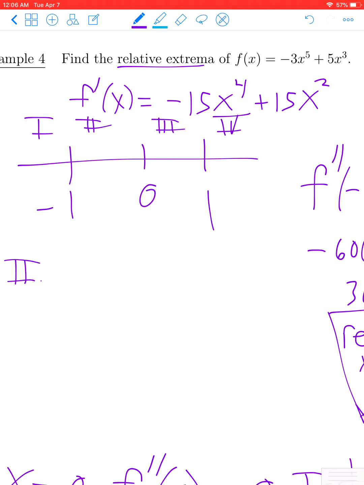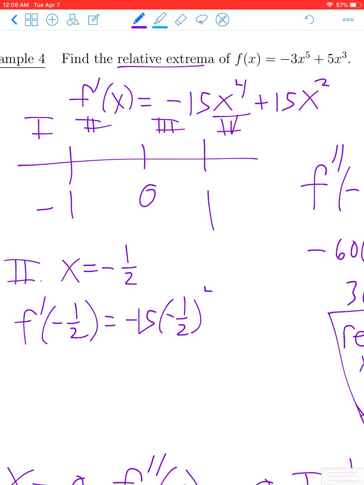In region 2, you could use the test point x equals negative 1/2. F prime of negative 1/2 is going to be negative 15 times negative 1/2 to the 4th plus 15 times negative 1/2 squared.